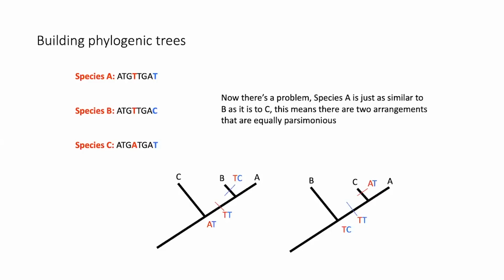And so we want to add in more sequence information to see if it will resolve whether this is the more likely phylogeny or this is the more likely phylogeny.